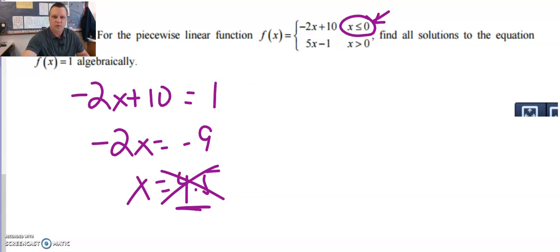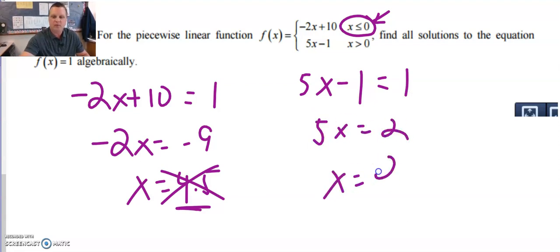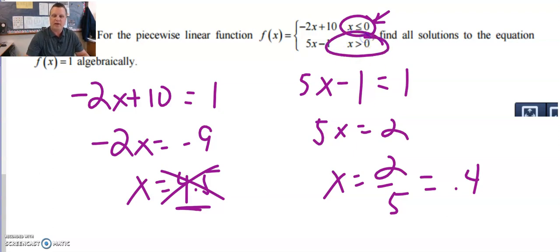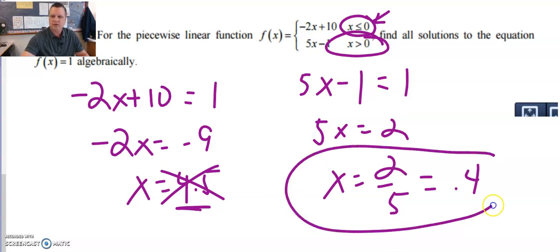When we look at the next one, we have 5x minus 1 equals 1, 5x equals 2, x equals 2/5. You put that in your calculator, of course, that is 0.4. So 0.4, if you look at the second one, x is greater than 0, 0.4 is greater than 0. So the solution is x equals 0.4, because it is in this piecewise function.